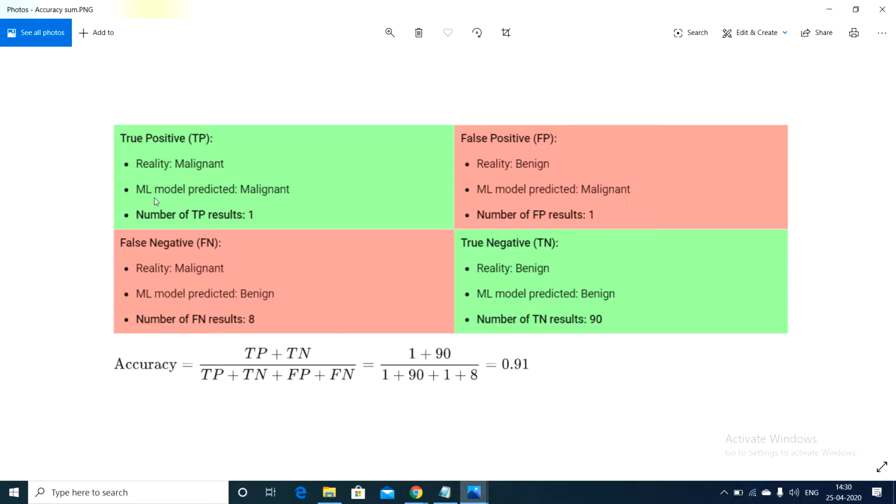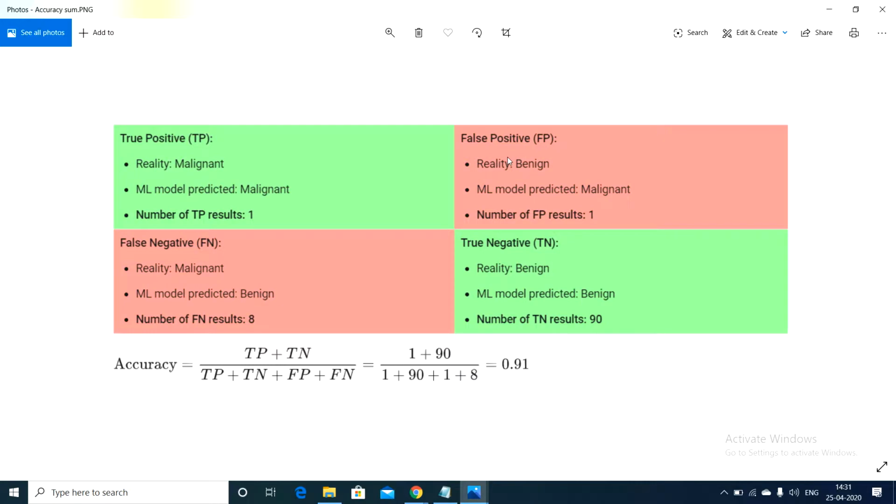Let us take an example with 100 samples which we tested. The number of true positive results is 1. Only one case is a true positive case. What does false positive represent? In reality it is class 2 and the model predicts class 4. The predicted value and actual value do not match, so it is called a false positive case.